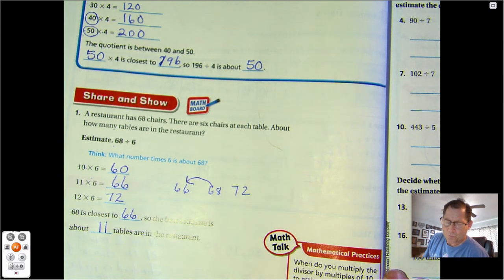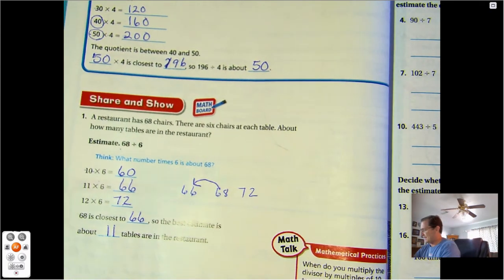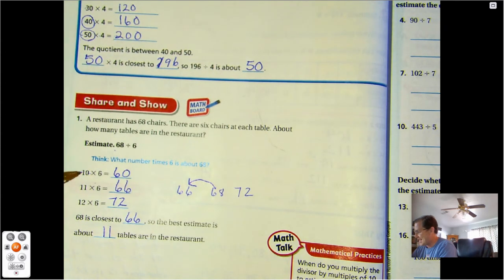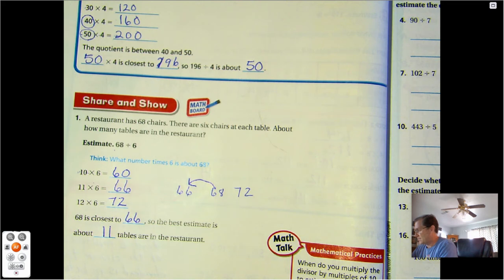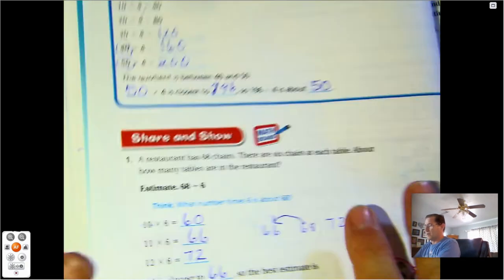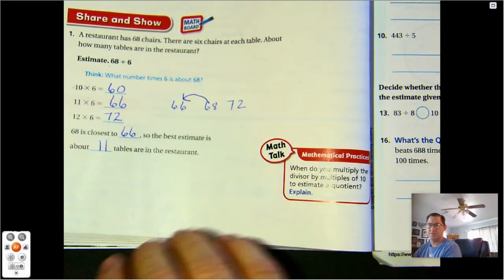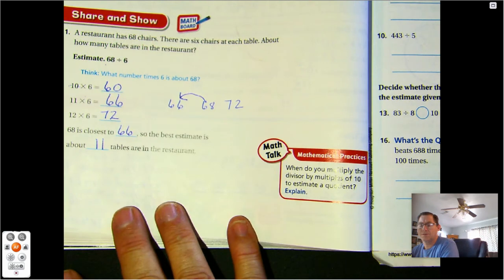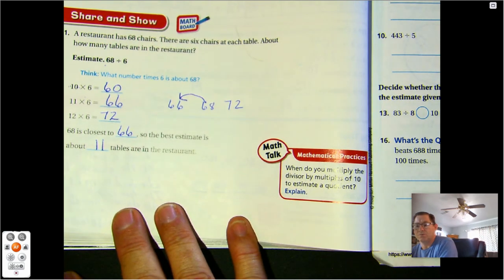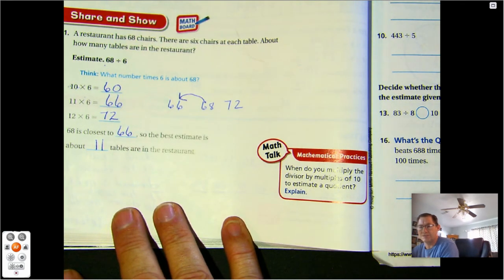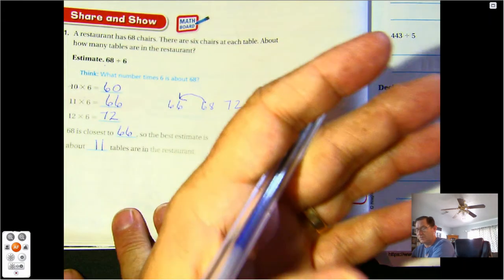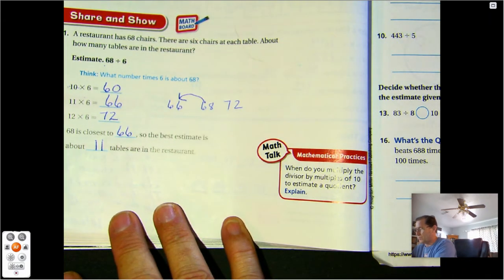So when do you multiply the divisor by multiples of 10 to estimate a quotient? In our first example, we didn't use multiples of 10s. We just went 8, 16, 24, 32. So when would we multiply by multiples of 10 like we did in our second example?